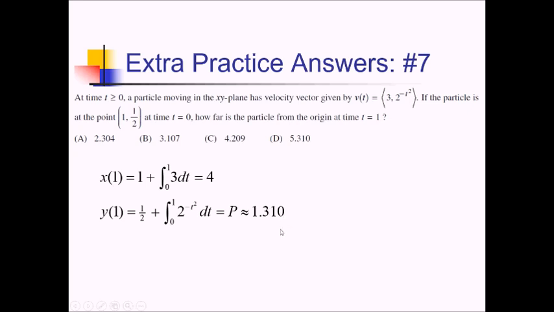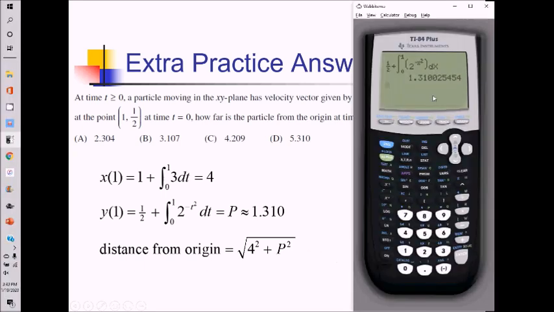So now to find the distance from the origin, I need to take the Pythagorean theorem of these two coordinates, so square root of 4 squared plus p squared, and let me do that on the calculator now. So first, back on my calculator, let me store that answer that I just got as p. There we go, or whatever letter you want.